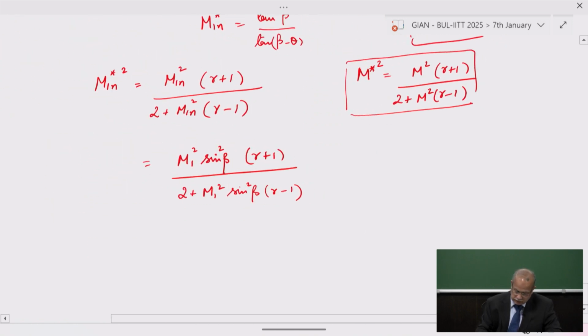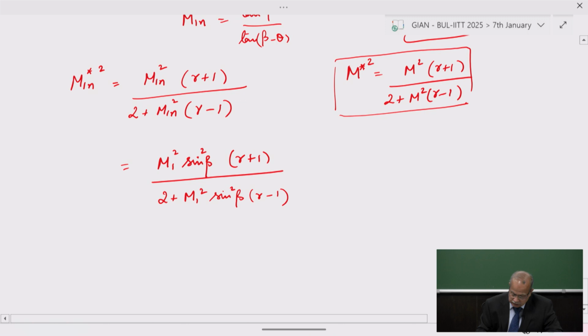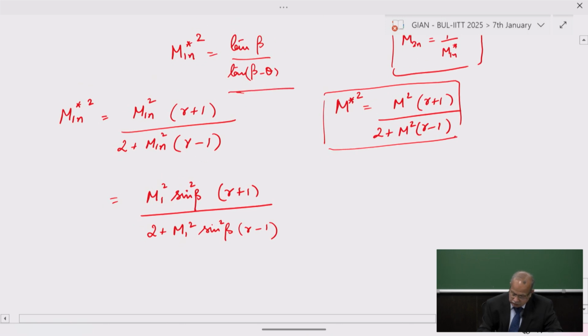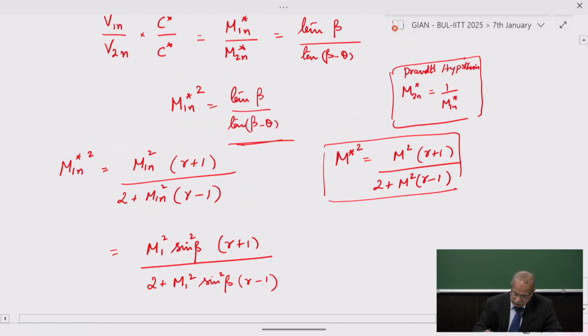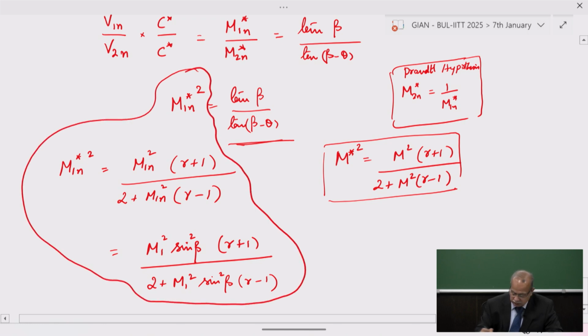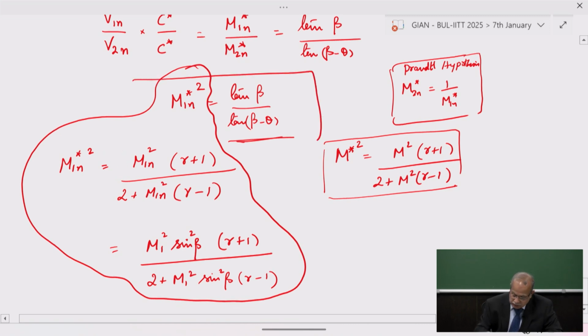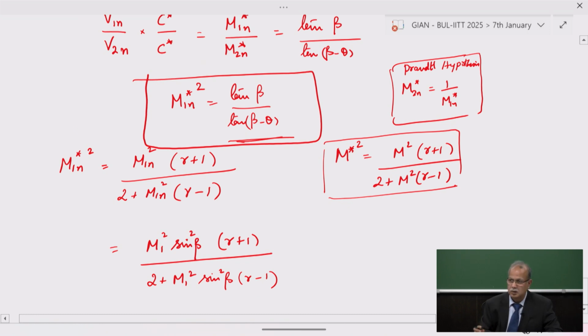If I write this equation in general terms, I was just trying to expand what M1n square is. That's exactly what I have done here. But we are dealing with this equation here.